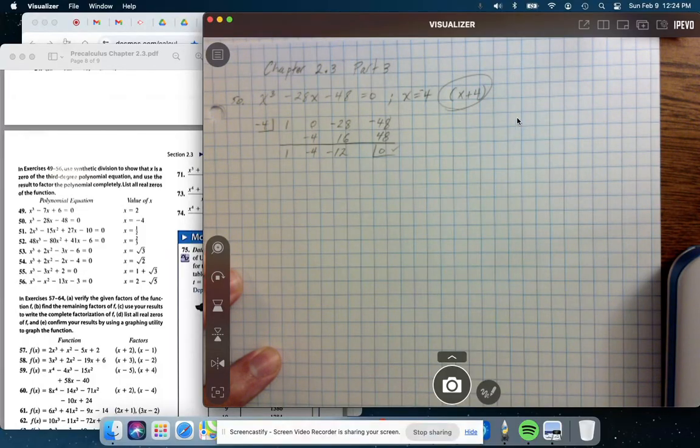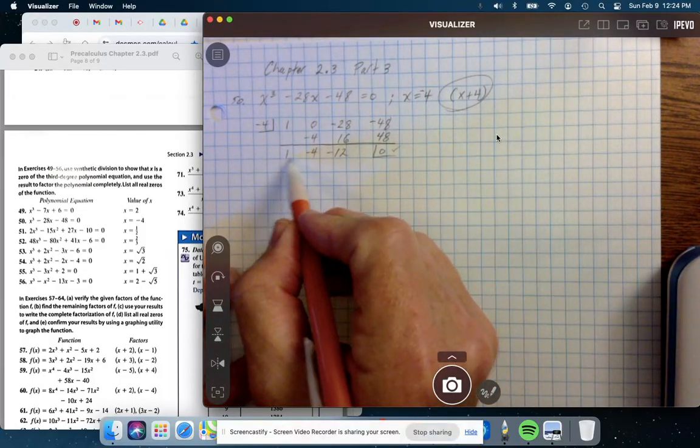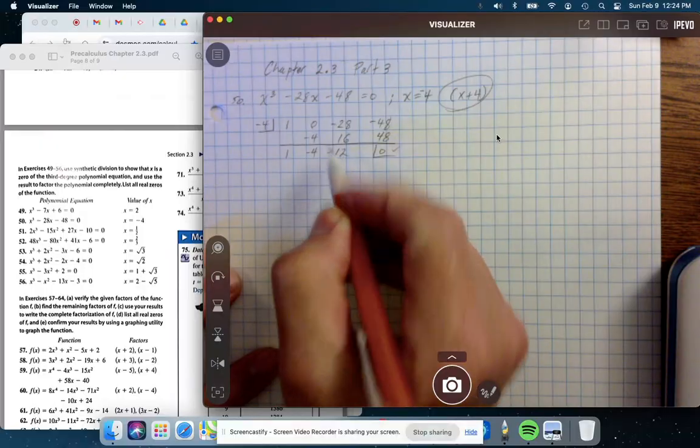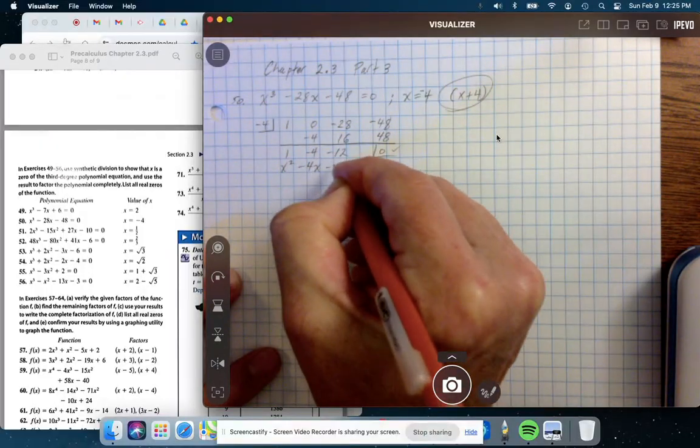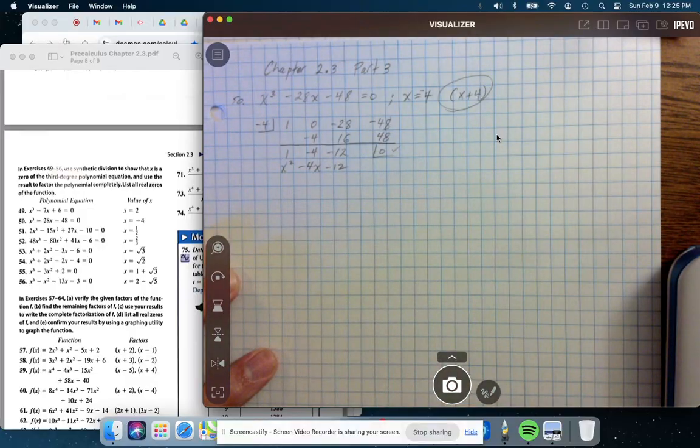Okay. So I can take the resulting quotient here, which is x squared minus 4x minus 12, and factor that to find the other two factors. And I believe that factors to, let's see, negative 6, positive 2.